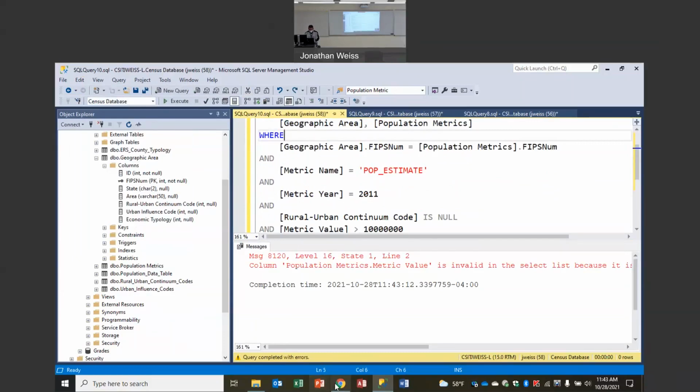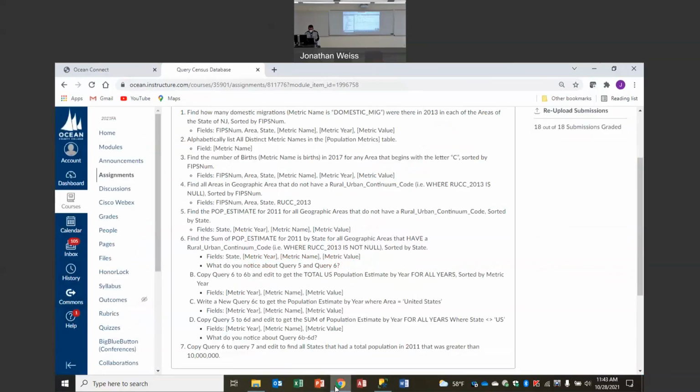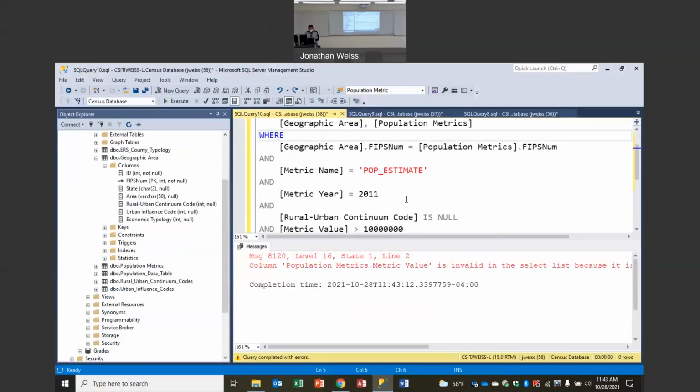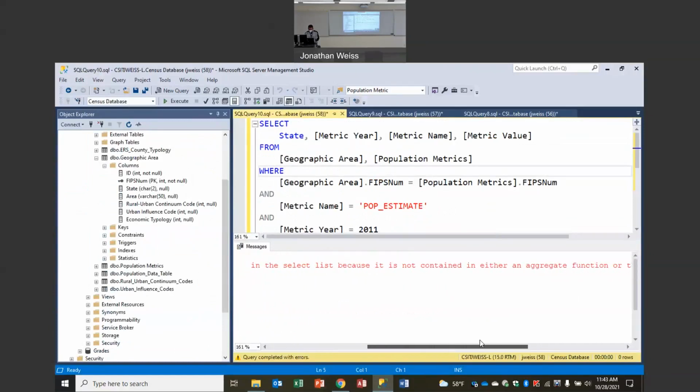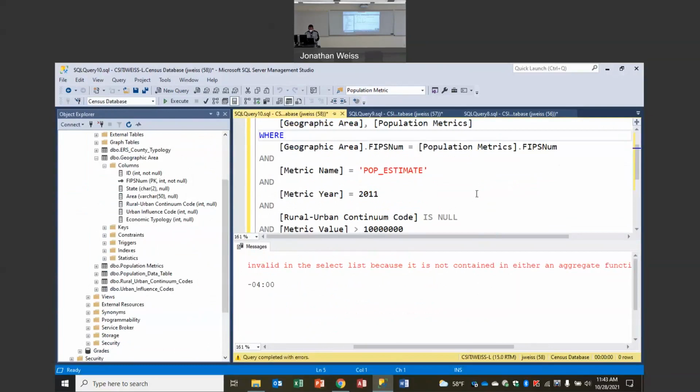Is that what we want? Yeah. 2011. It's contained in an aggregate function.